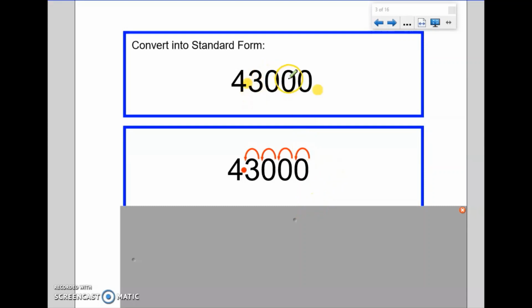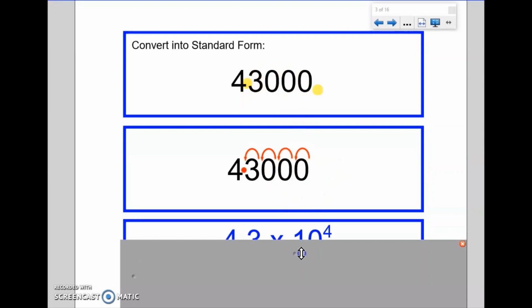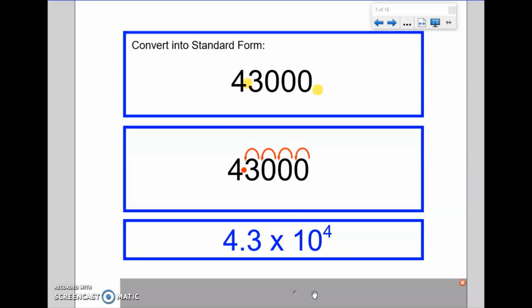So 43,000 in standard form would look like this. This number is between 1 and 10. We're always dealing with the base number 10, and this 4 corresponds to how many times I had to move the decimal point in order to make this number between 1 and 10.